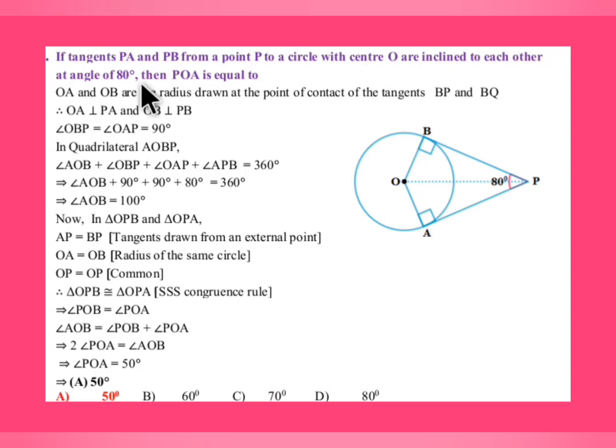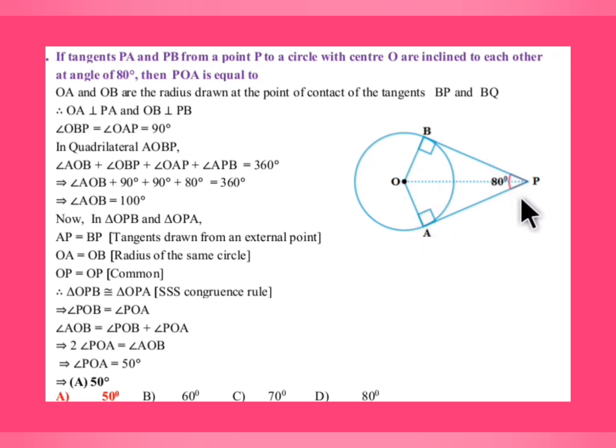Next, a similar type of sum, partially similar. If tangents PA and PB from a point P to a circle with center O are inclined to each other at an angle of 80 degree, then POA is equal to. So two tangents are drawn to the circle with center O. So tangents are PB and PA, and they are inclined at an angle of 80 degree.